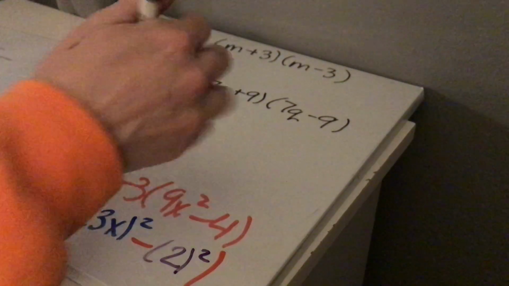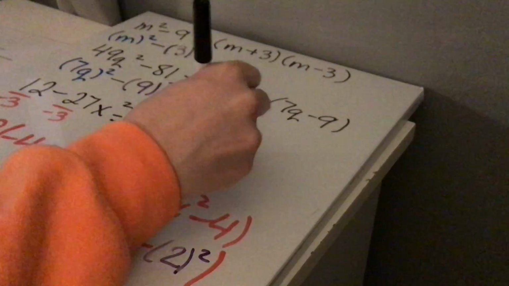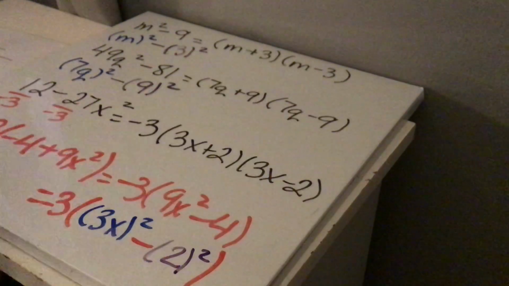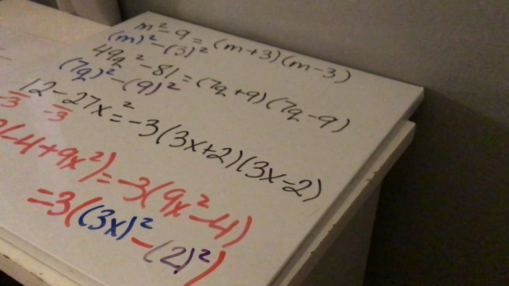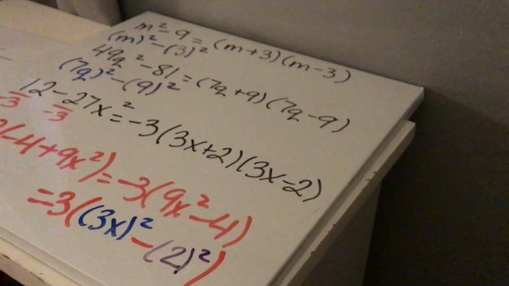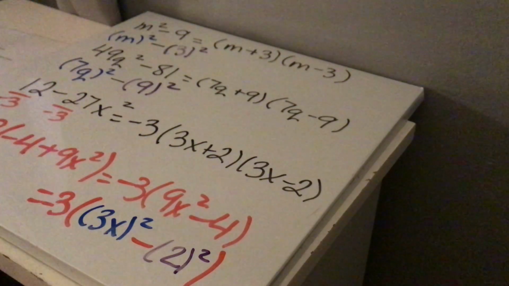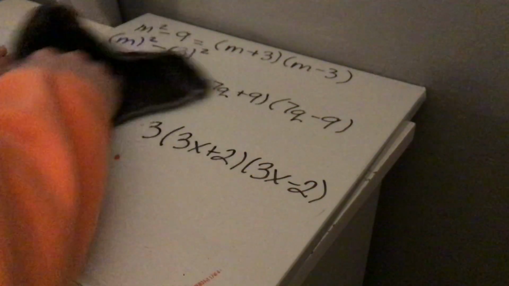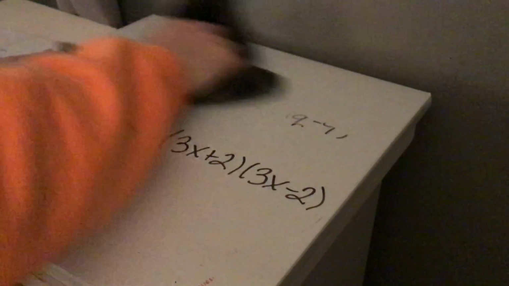This is the difference of two squares. So I get 3x plus 2 times 3x minus 2. I took out that common factor first and then finished factoring from there. That is the difference of two squares. All right. So then perfect square trinomials, how are we factoring them?